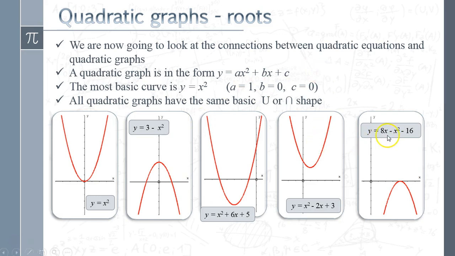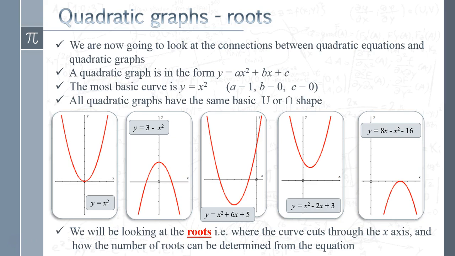Just be a bit careful. This one is negative because it's all about the x squared term. You can see it's a minus x squared there, so that is what makes it negative. But essentially they're all exactly the same shape curve, just manipulated in some way, as I said before, shifted across, up, down, or turned upside down.